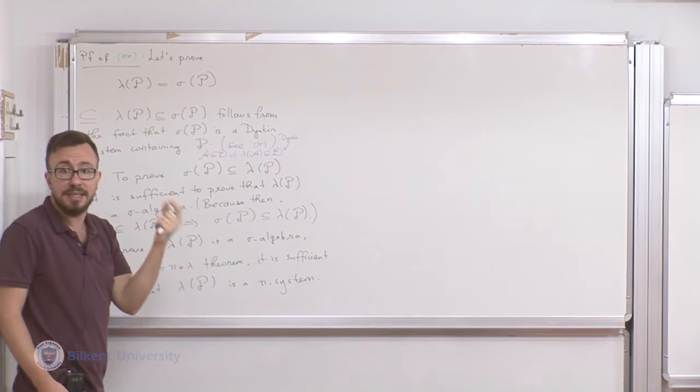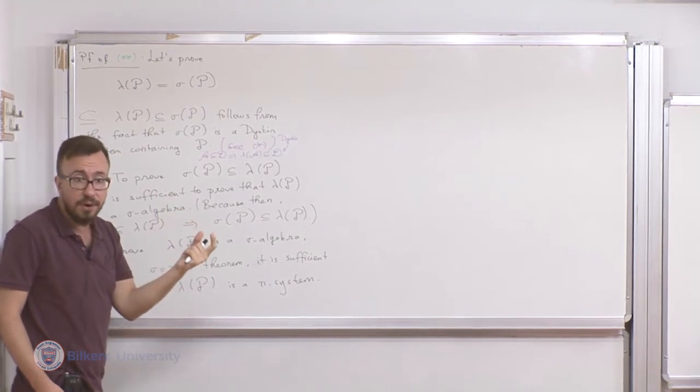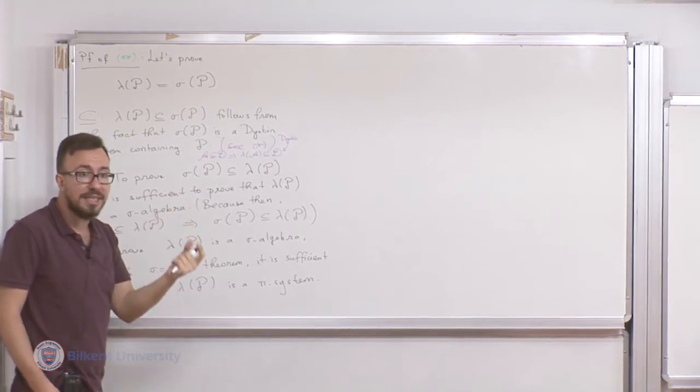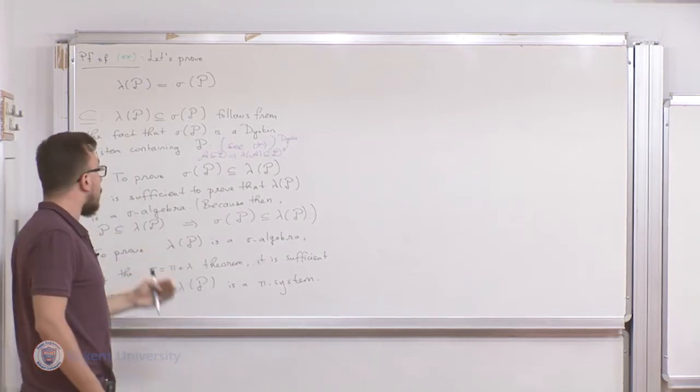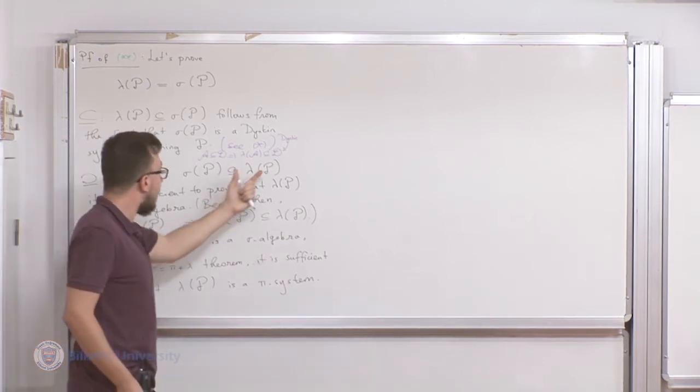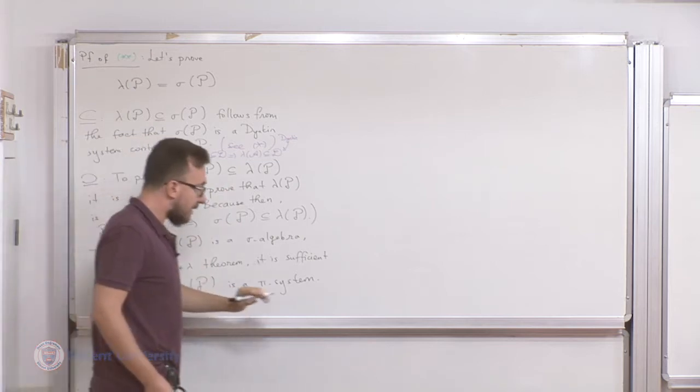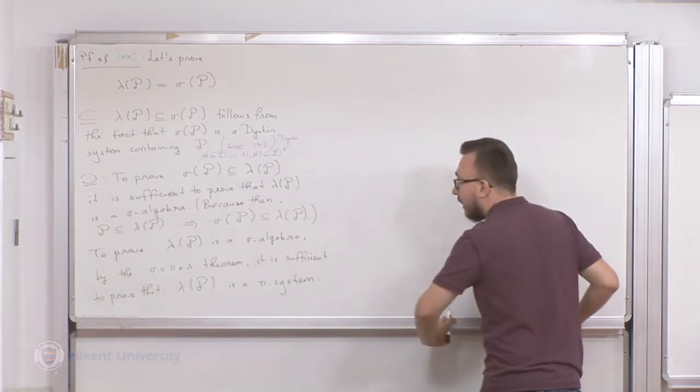But lambda P is a Dynkin system. Therefore, all we have to show is that it is also a pi system. So the proof is reduced to proving that lambda P is a pi system. That's where we left off last lecture.